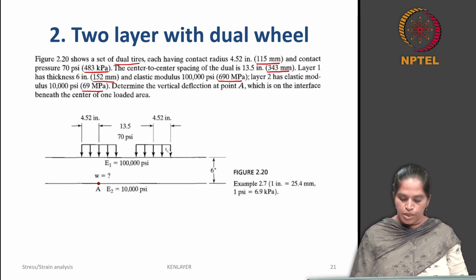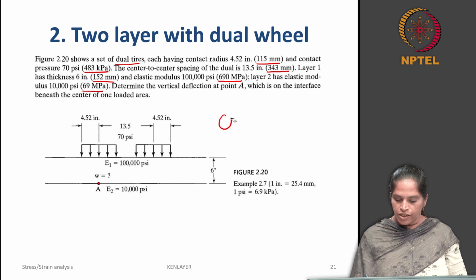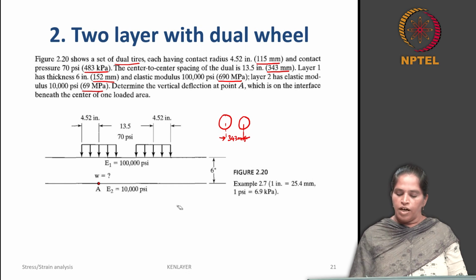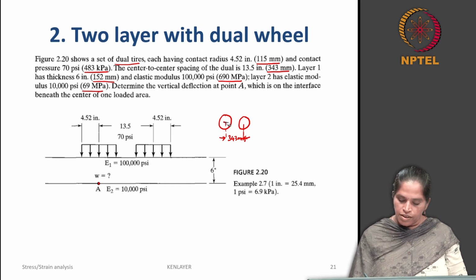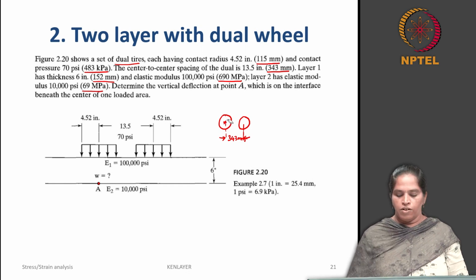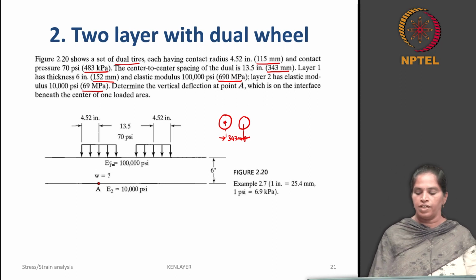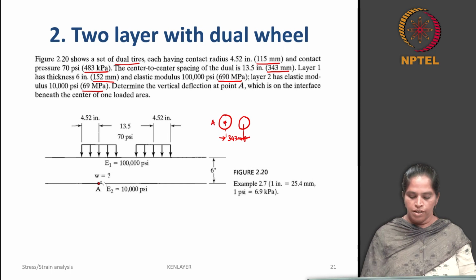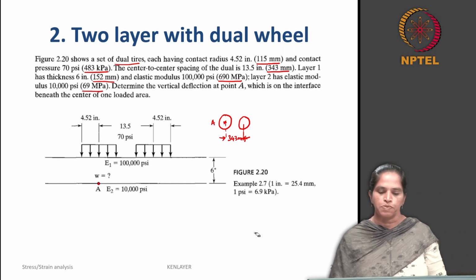When you sketch the plan of the load, it looks like this: two circular loads with a center to center spacing of 343 millimeters, and you need exactly at this point the vertical deflection. This is point A in plan, and this is point A in elevation.